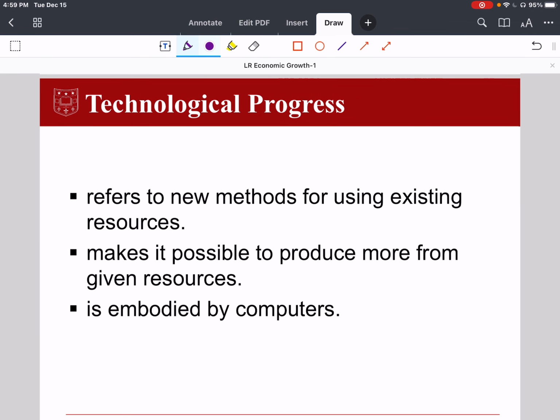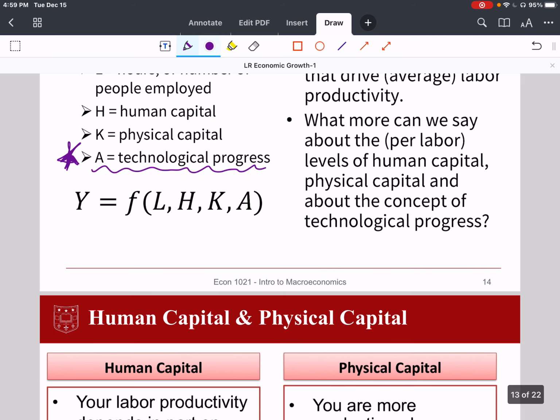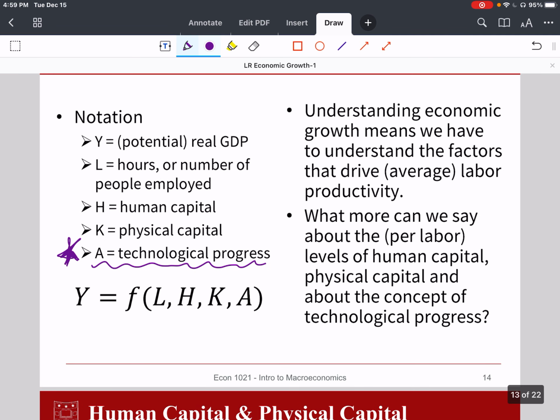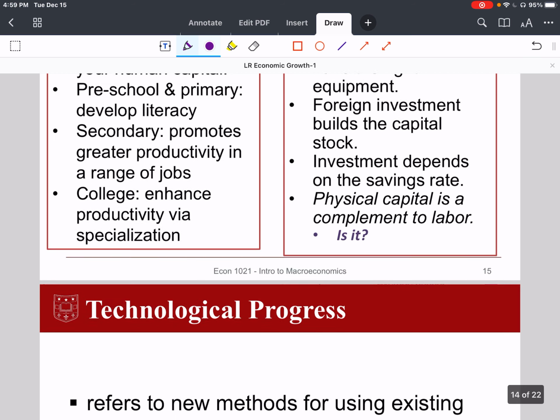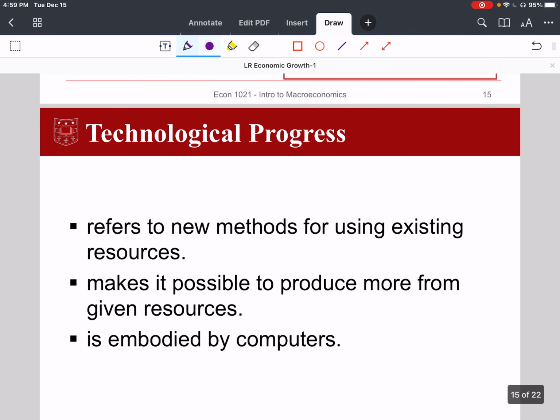So then we saw, of course, that we have labor, human capital, physical capital, and A standing for technology. So technological progress is this variable that we'll have in our equations later on that we'll denote with an A. This refers to new ideas. I think technological progress, if you think about it as ideas, can be a really helpful way to think about it.